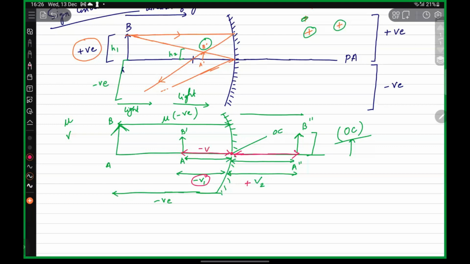If you're moving against the direction of light to measure the distance, that distance will be negative. If you're moving along the direction of light, that distance will be positive. Am I clear? Prashna and Jia, am I clear?